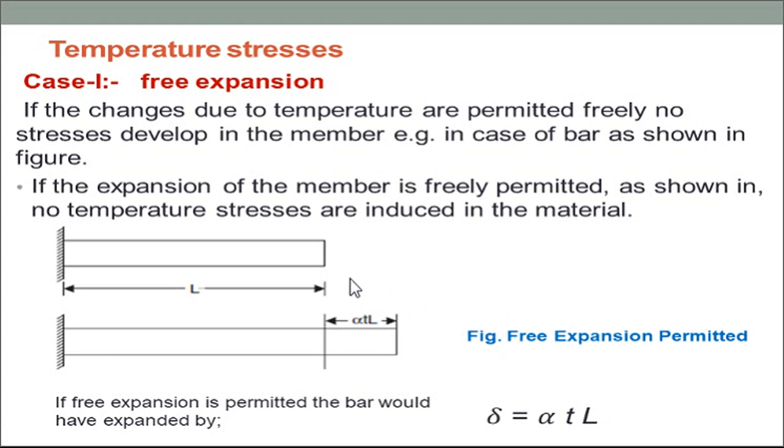There is no support condition here, only one support at one end, so the member will expand in this direction, and the change in the length is alpha T into L. By using this formula you can calculate the total expansion of this bar.